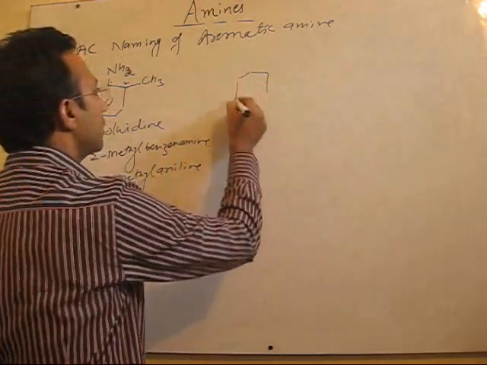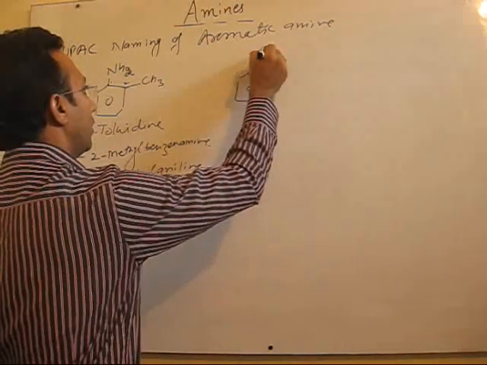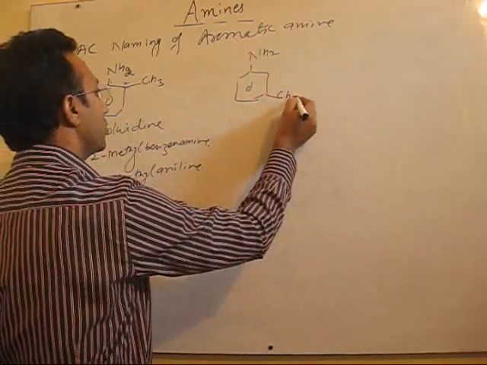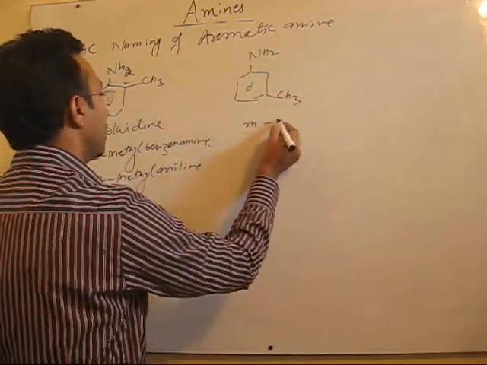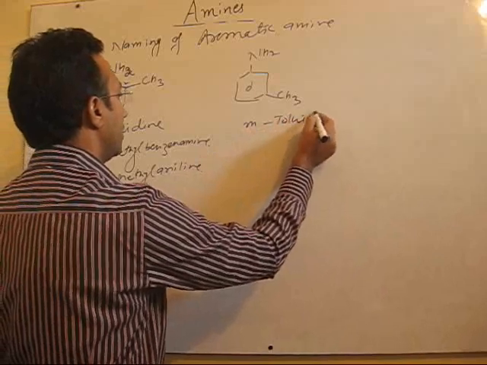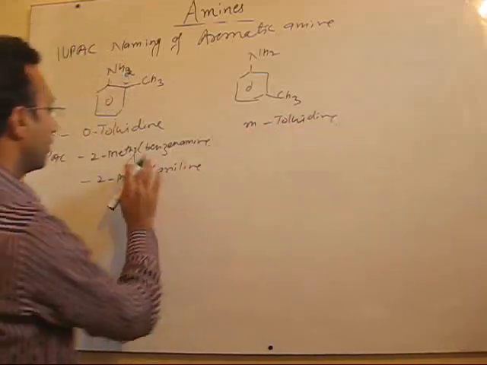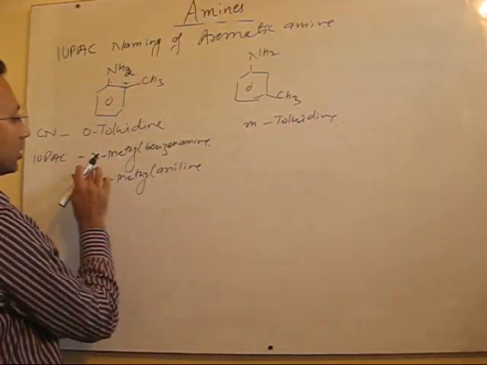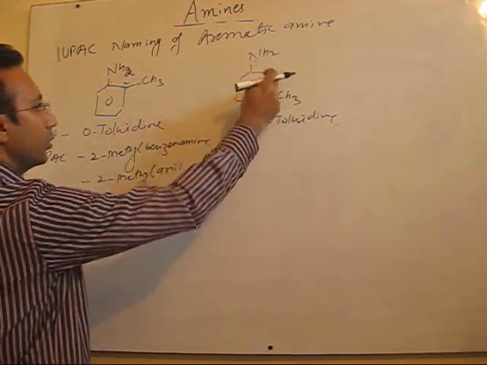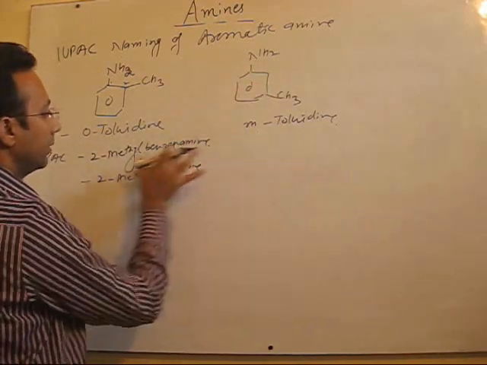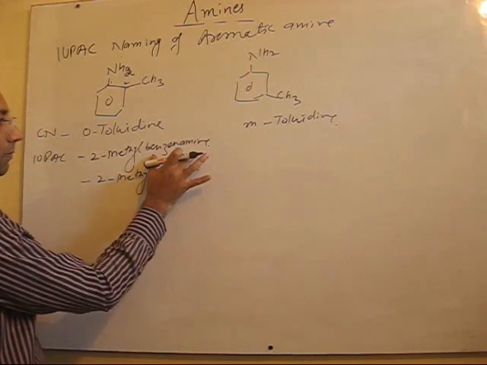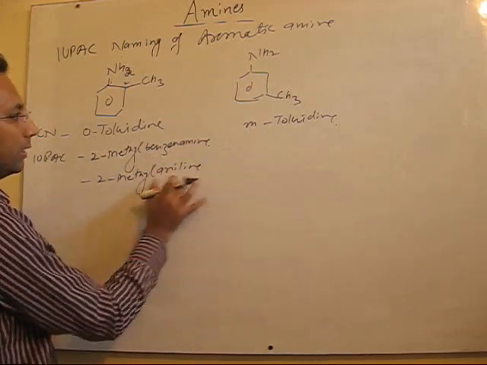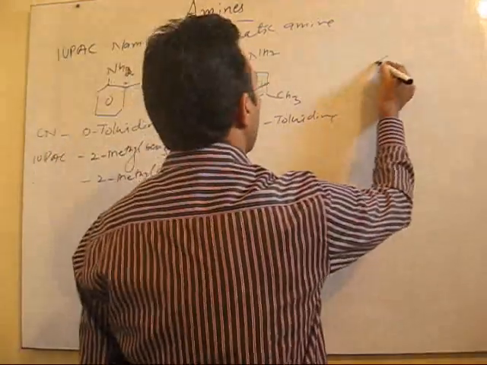Similarly, if it is present at say meta position, it will be again meta-toluidine, or the name will remain same, only the position changes. Now this time it will be 1, 2, 3, 3-methylbenzenamine or 3-methyl aniline, right?